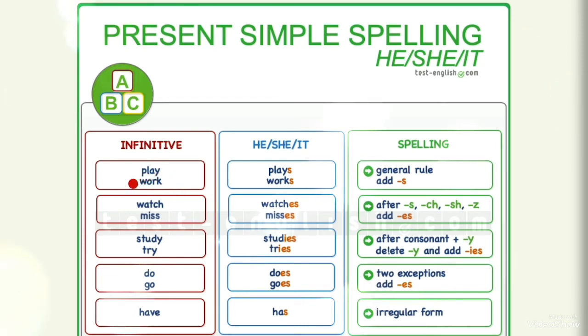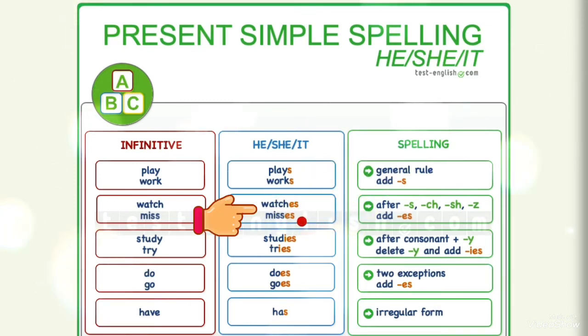But in some other verbs, the verb ends with certain letters, just like watch, miss. Can I say here with miss, when I put S with he, she, and it, can I say misss? No. Why?